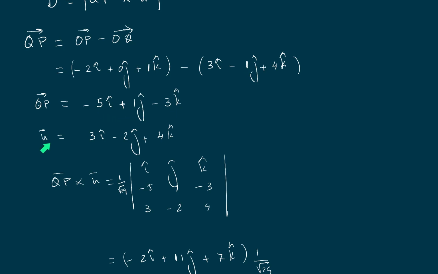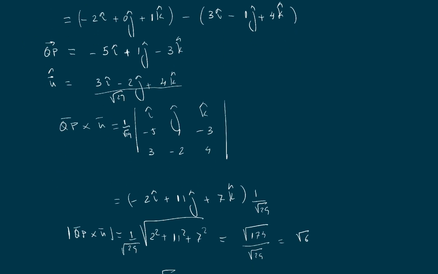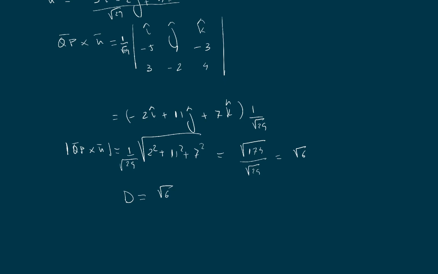We have U, that is this vector, but we need to use the unitary vector, so we need the same one divided by square root of 29. Now we do the cross product. You already know how to do the cross product, and you will find this result.